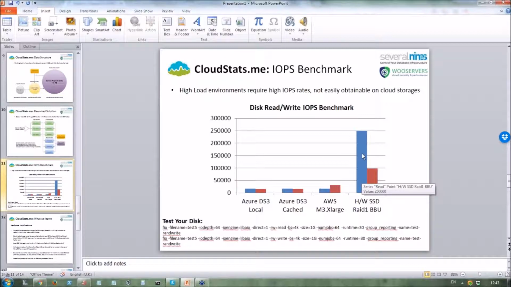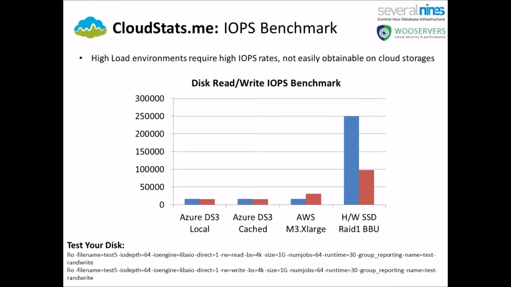Reads went to 250,000 and writes are at around 100K. So it's actually up to you. Some applications may be okay with lower IOPS rates in Azure or in Amazon AWS, but as the application gets larger, it will require you to have local storage disks, and that's what we encountered.